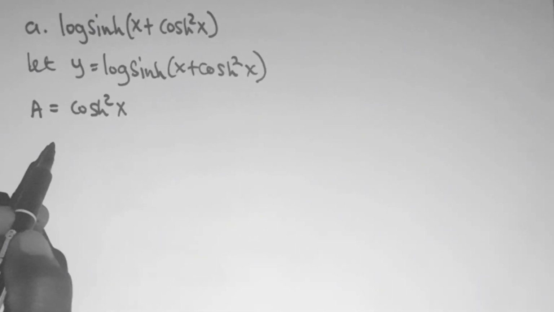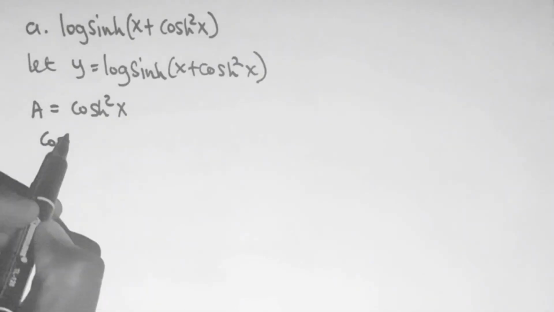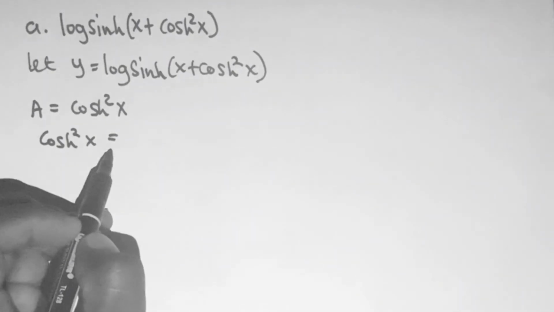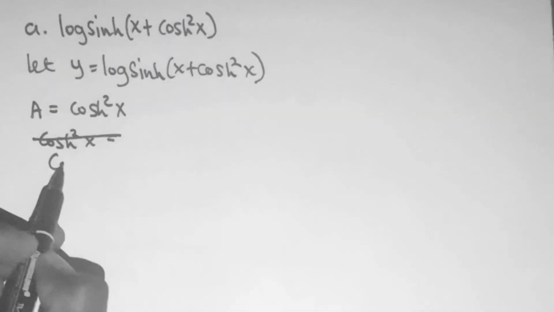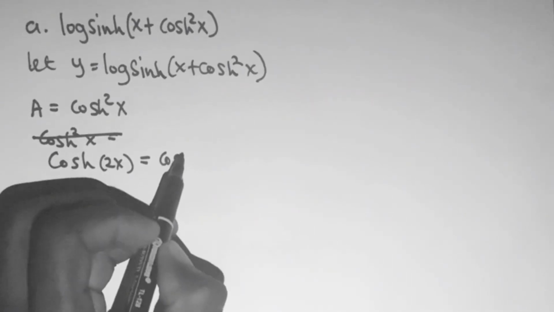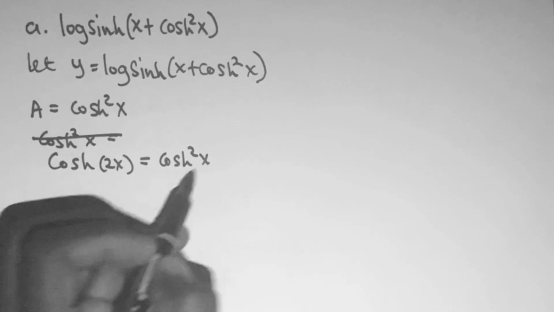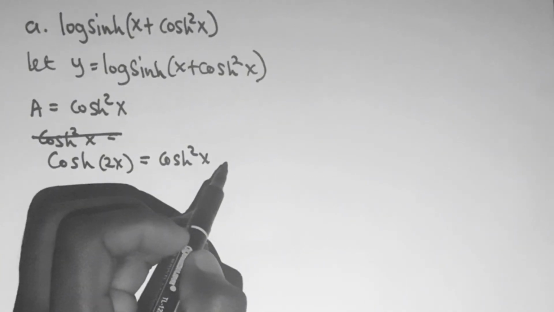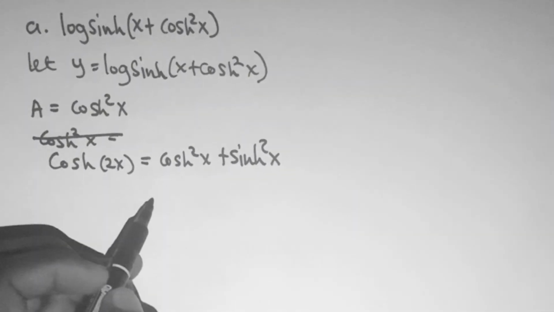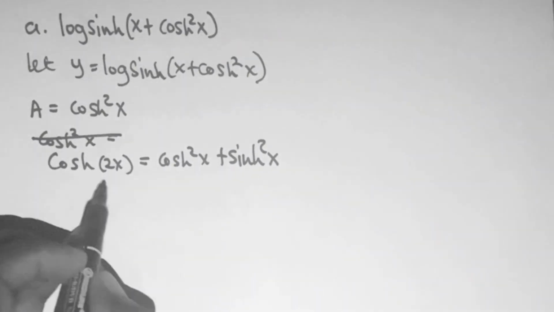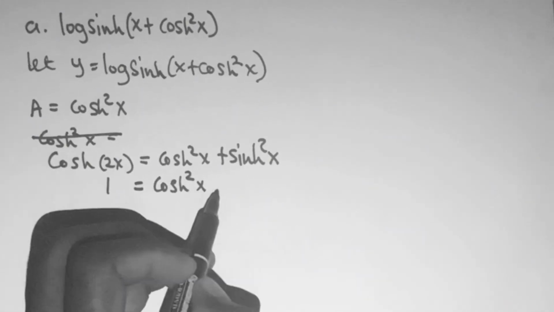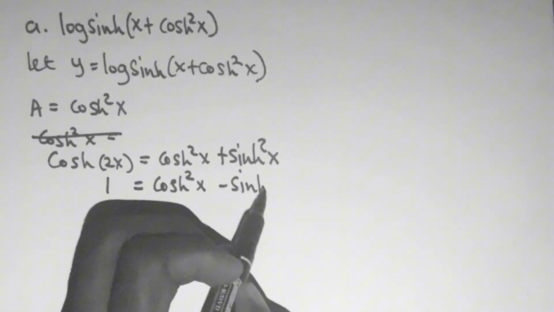But we know that cos 2x is equal to cos squared x plus sin squared x. And then we also know that 1 is equal to cos squared x minus sin squared x.